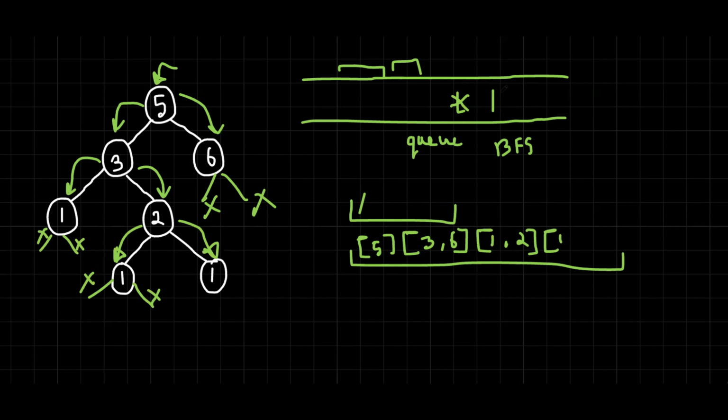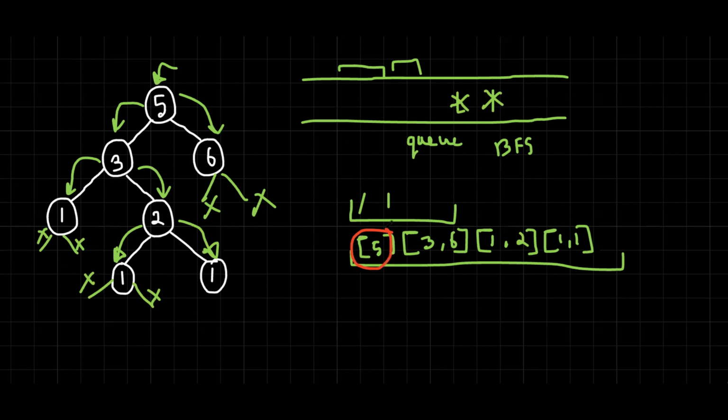Now the top element of the queue is 1. So we have to insert the 1 into the vector and we have to add this temporary vector into the final vector.